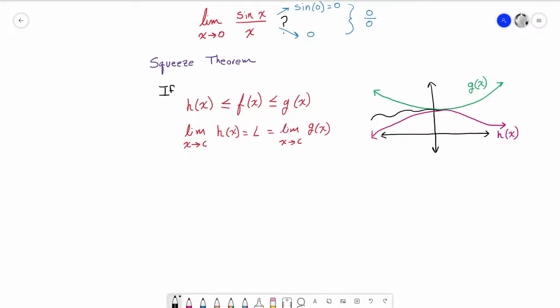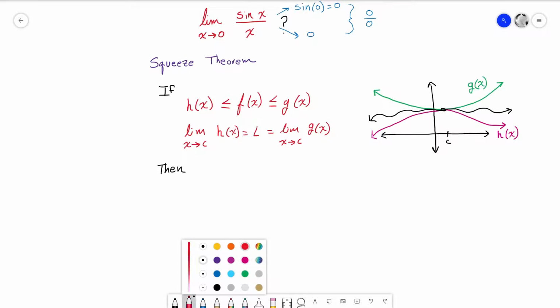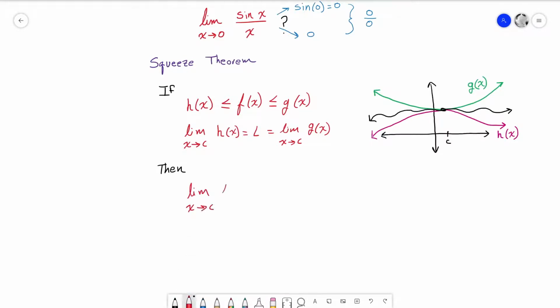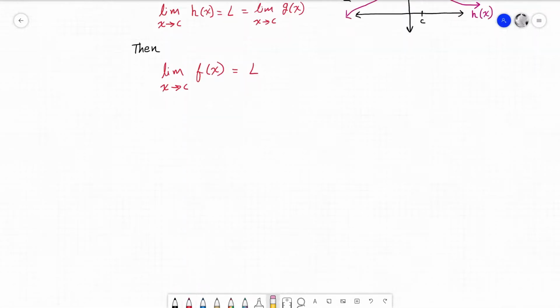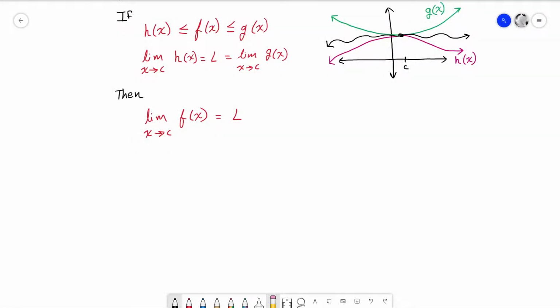And for whatever reason, we cannot easily find the limit. But we can find the limit of g of x and h of x as we approach this c value right here. What the squeeze theorem tells me is that if the two conditions are satisfied, then the limit as x approaches that value c of f of x is going to be the exact same thing as the other two limits. You can think of the curves as squeezing or sandwiching the black curve.